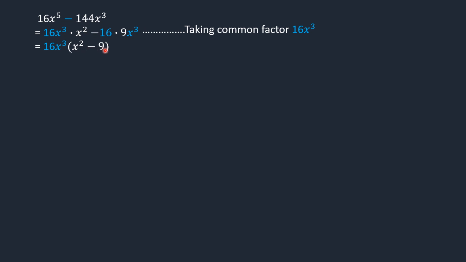Now x squared minus 9 is again difference between two squared quantities according to a squared minus b squared. So they can be factorized as x plus 3 multiplied by x minus 3. Square root of x squared is x, square root of 9 is 3. We give plus sign to one factor and minus to the other according to a plus b multiplied by a minus b.